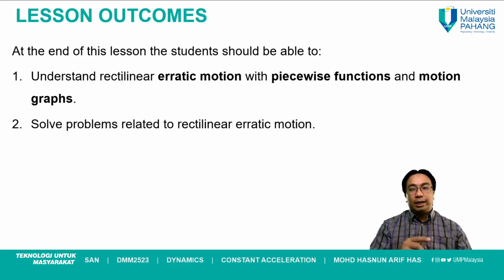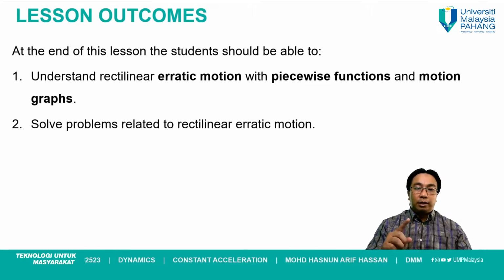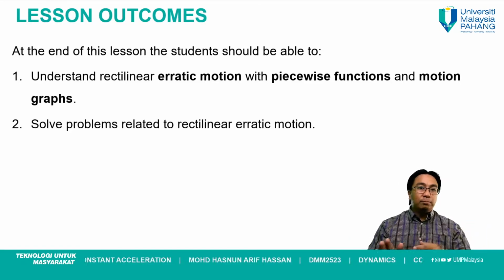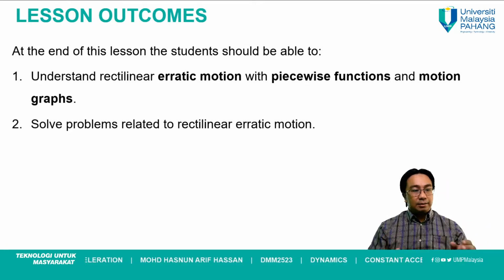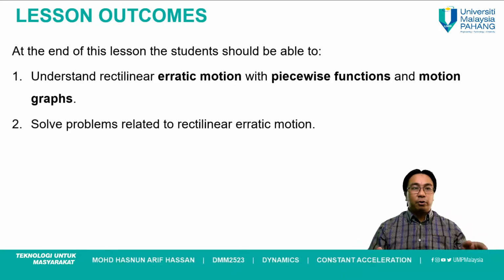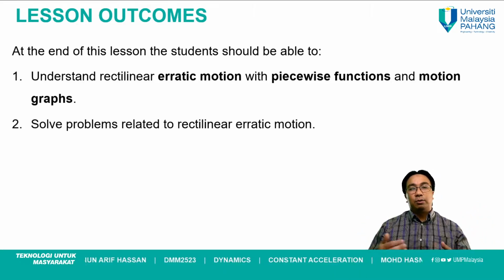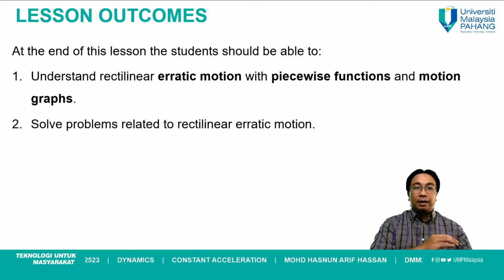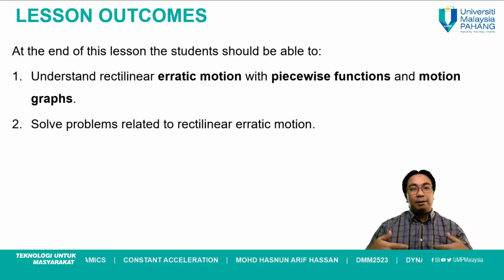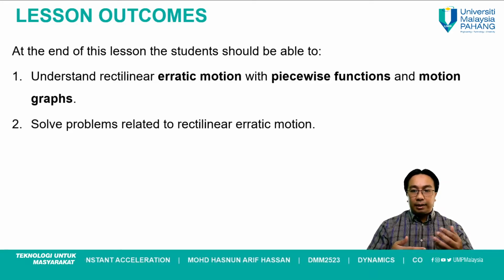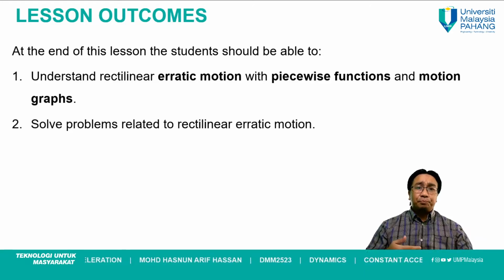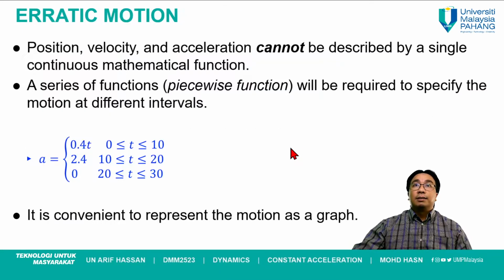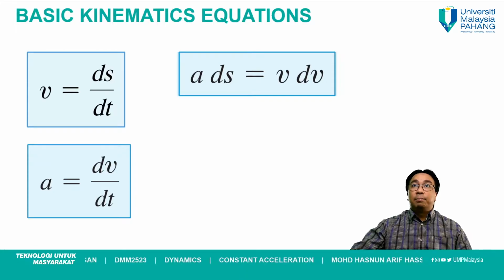For example, a equals 2t squared plus 4. So throughout the motion, from point A to point B, from time equal to 0 to time equal to 10 seconds, for example, the equation is the same. Its movement is the same, continuous. It remains moving in the same condition.